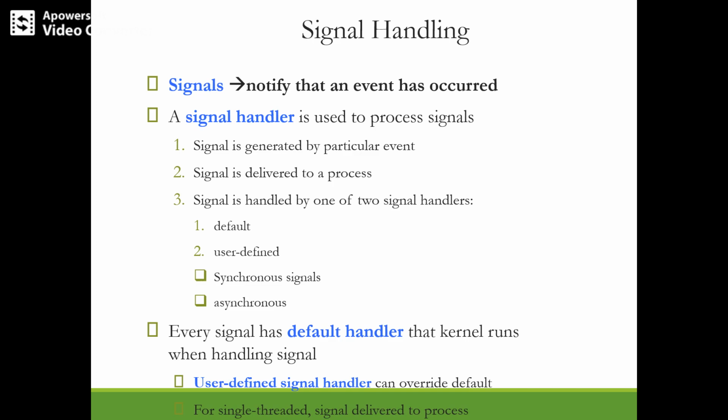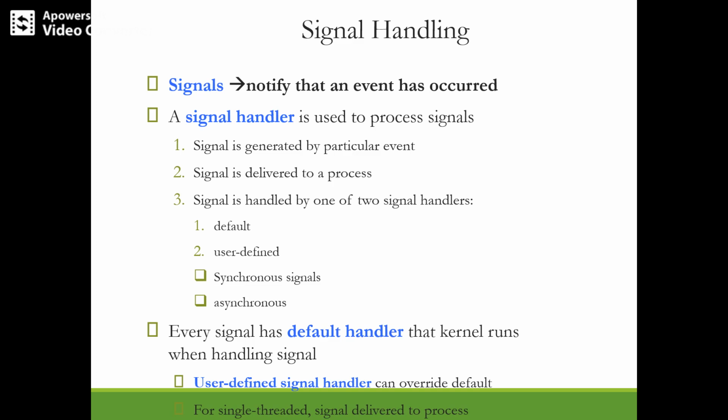Here, once again, we have two types, asynchronous and synchronous signals. Synchronous signal means, for example, division by 0, which is an example of a synchronous signal. These signals are delivered to the same process which performed the operation that generated the signal.